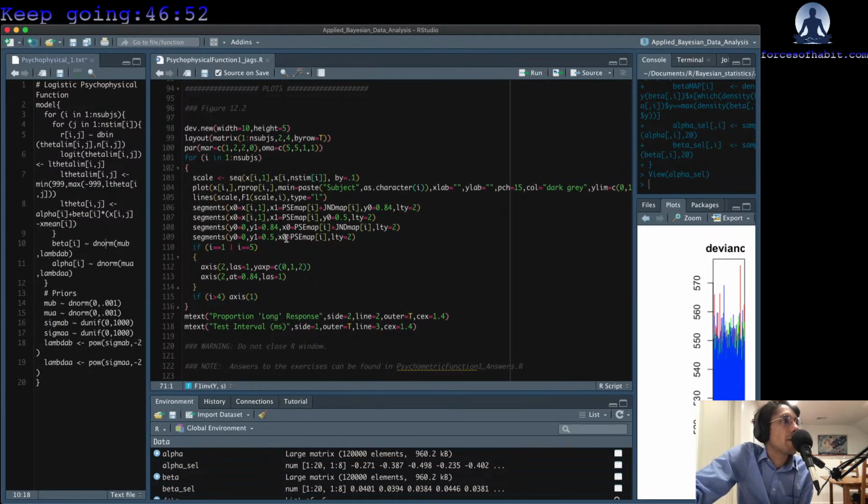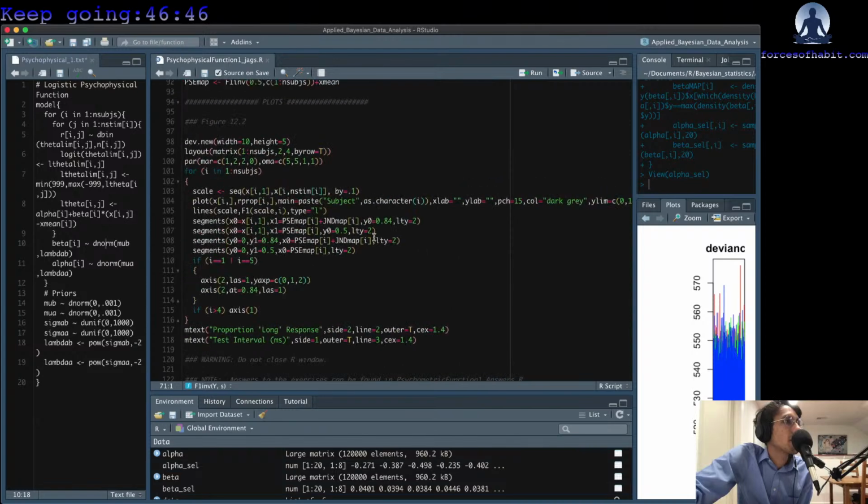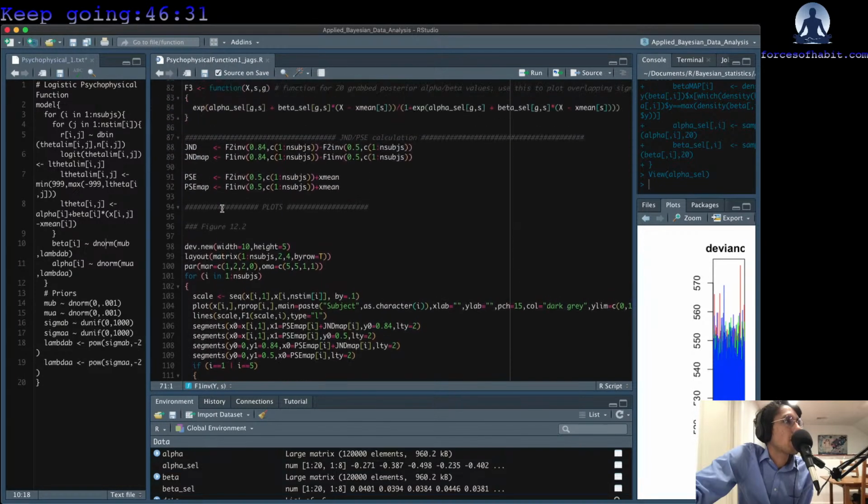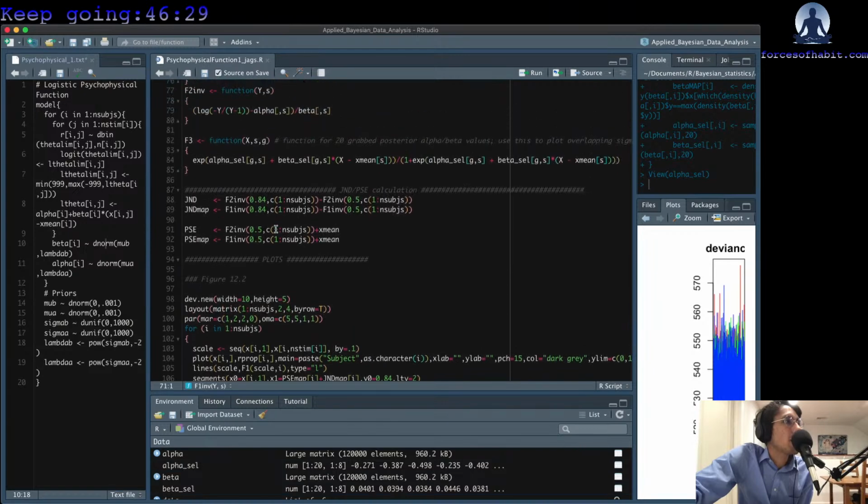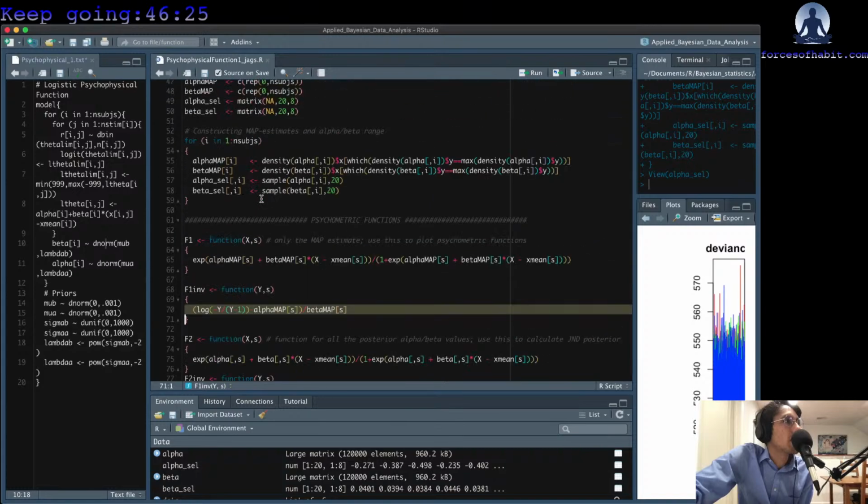Looking for where F3 is used in the code. F3 is not used just yet, it looks like, but it might be part of the exercises.